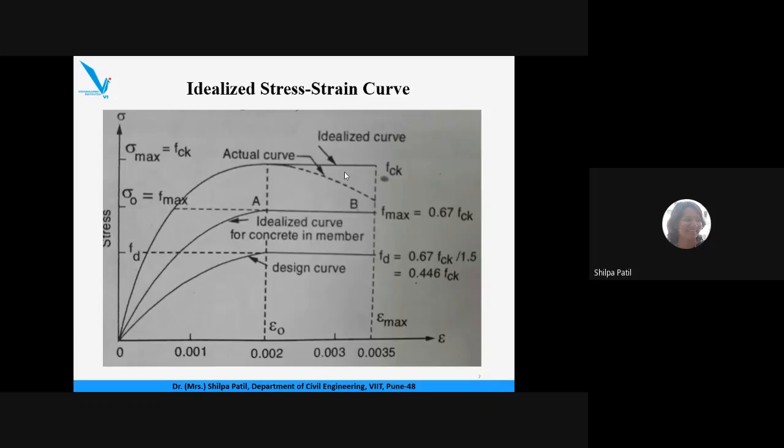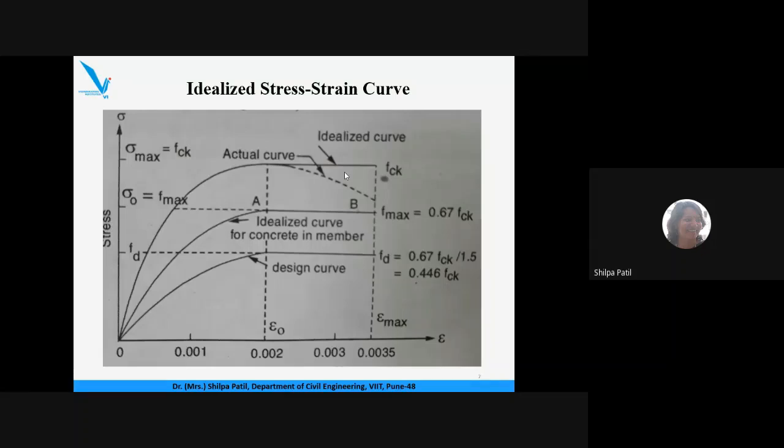And because of that, we are finding the FCK value by testing cubes. But in practice, we are not pouring the concrete in cubes. We are casting beams which do not have a cube shape, right? They are rectangular in cross section or sometimes square in cross section.